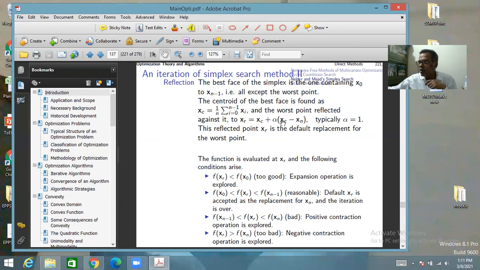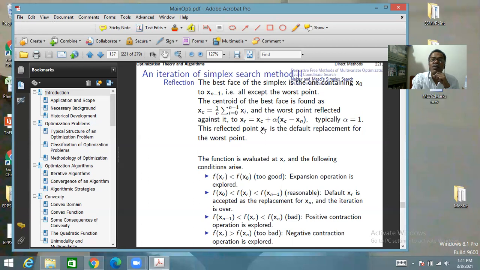Now that much you go on the other side also. If you put alpha equal to 1, typically alpha equal to 1 you would put, this would be the usual reflection through a plane mirror. Now you could put alpha equal to something else, but typically alpha equal to 1 is sensible.